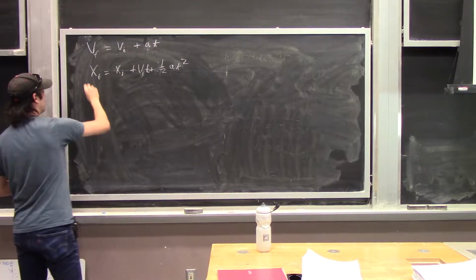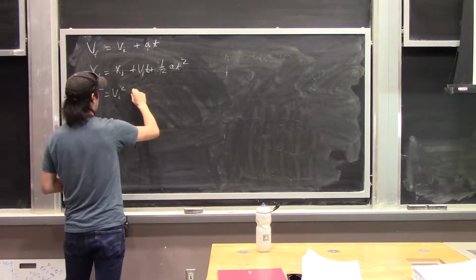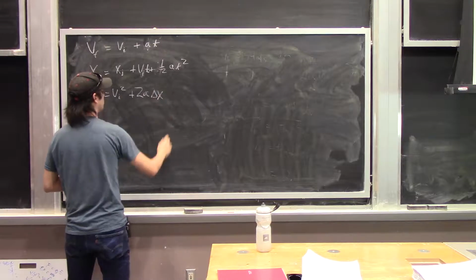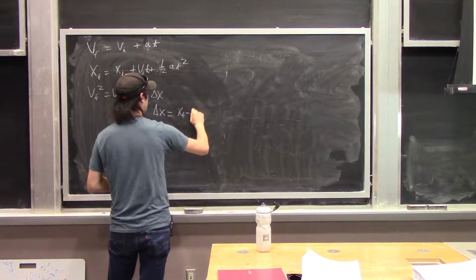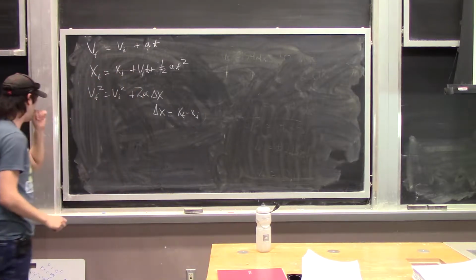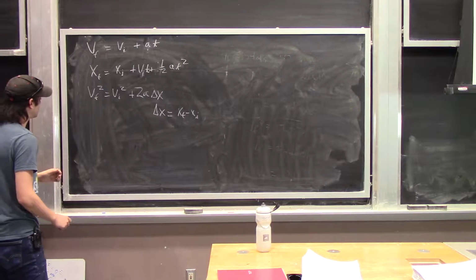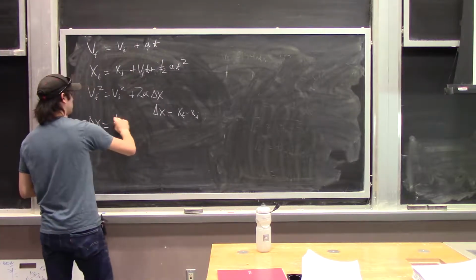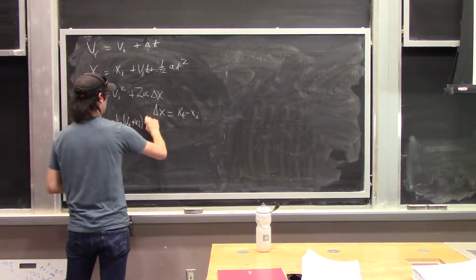Then we have Vf squared is equal to Vi squared plus 2A delta X, where delta X is going to be Xf minus Xi. And the last one says that delta X is going to be equal to 1/2 (Vf plus Vi) times T.